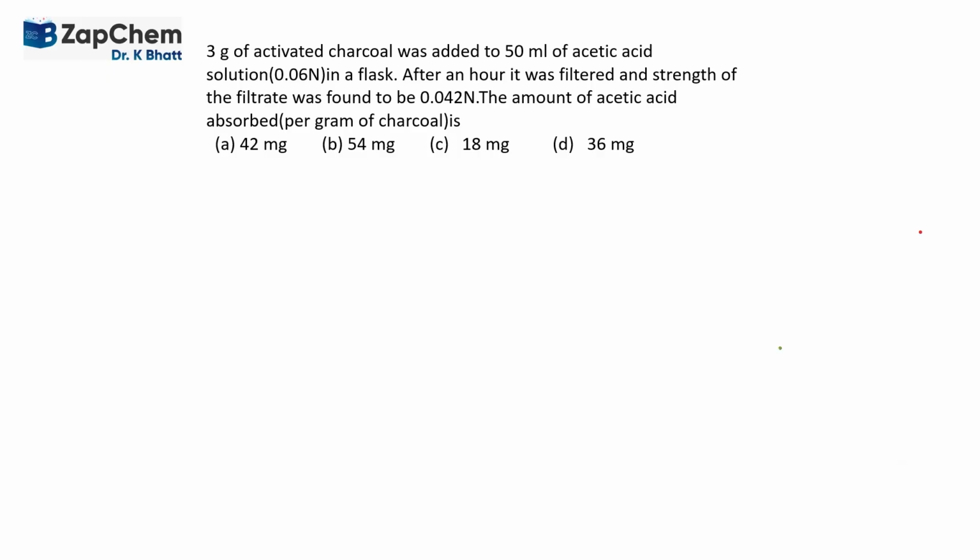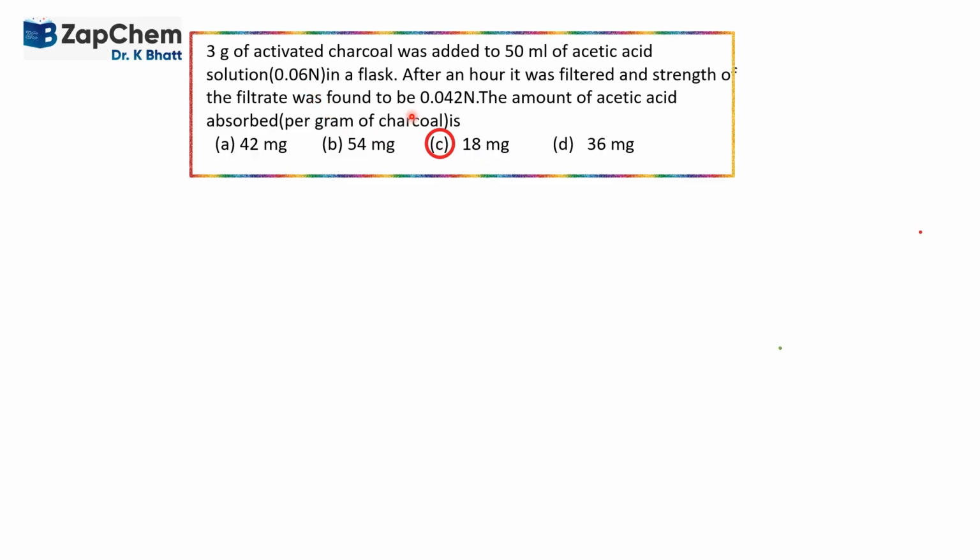Next question. 3 grams of activated charcoal was added to 50 milliliter of acetic acid solution 0.06 normal in a flask. After an hour, it was filtered and the strength of the filtrate was found to be 0.042 N. The amount of acetic acid adsorbed per gram of the charcoal is, the answer is very clear, that is 18 milligrams.